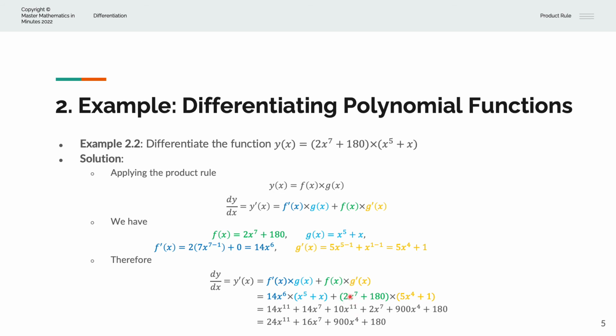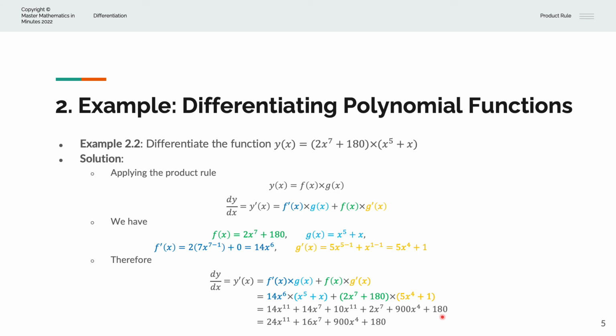And 2 x to the power of 7 multiplied by 1 gives us the same thing, 2 times x to the power of 7. And 180 multiplied by 5 times x to the power of 4 gives us 900 times x to the power of 4. And 180 multiplied by 1 is itself, which is 180.